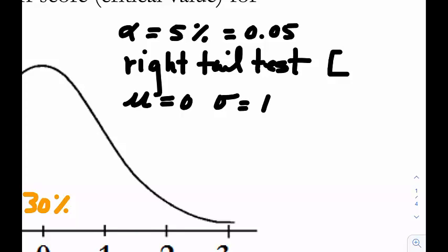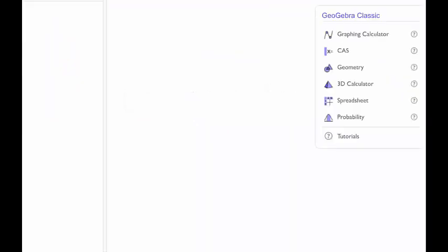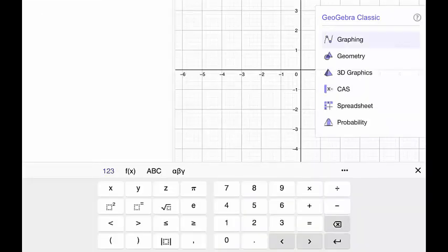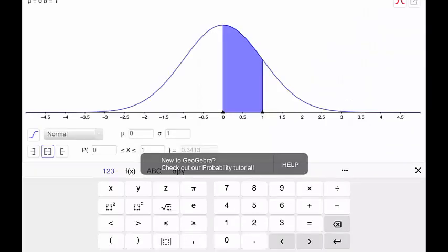All right, so let's jump back over to the GeoGebra calculator. Open that up, choose probability. If you're on the website, you'll choose under apps, probability. And the first thing that's going to come up should be the standard normal distribution. There it is. So we've got normal, 0 and 1 for the parameters.